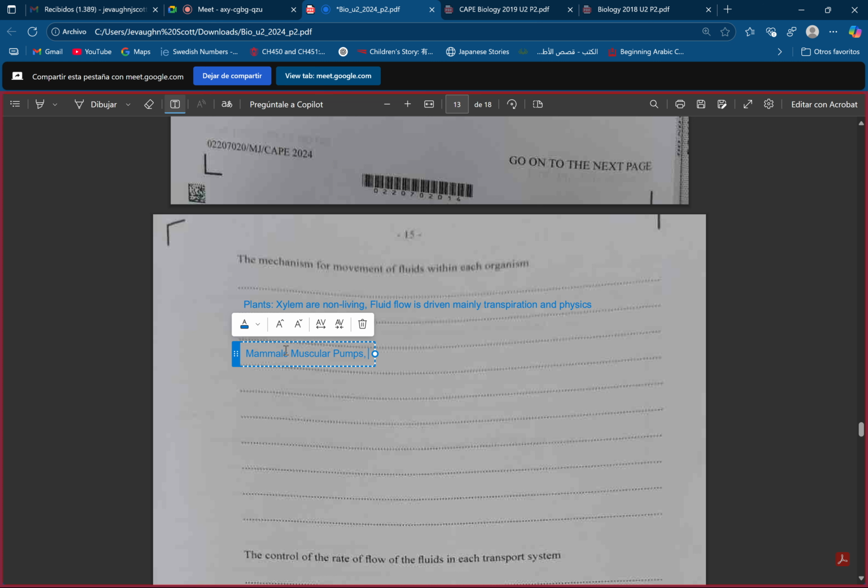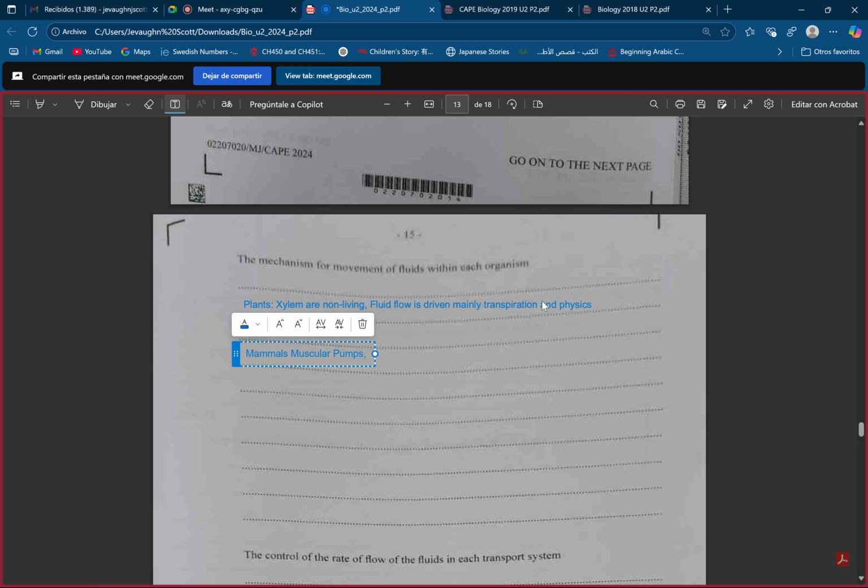What else could we state for mammals? The key differences within that. In mammals they use pressure gradients, which is actually a similarity because of the pressure flow hypothesis.